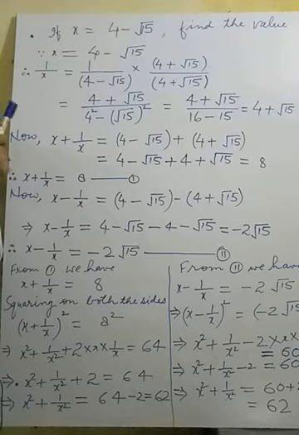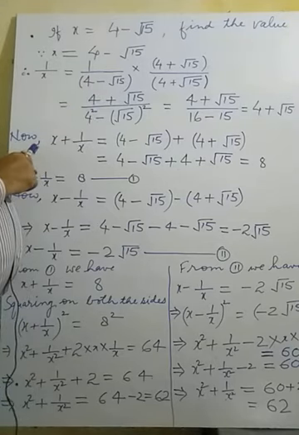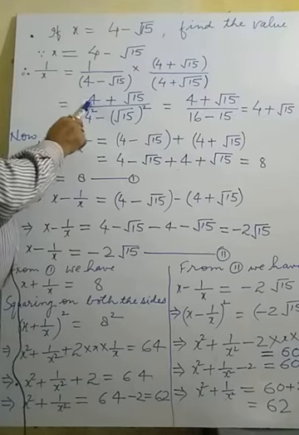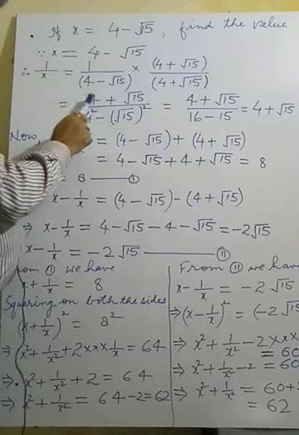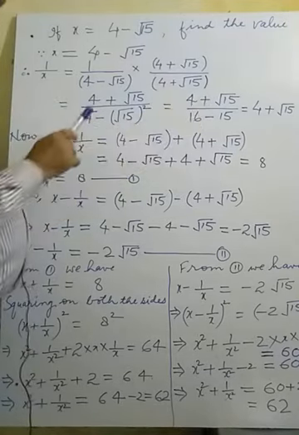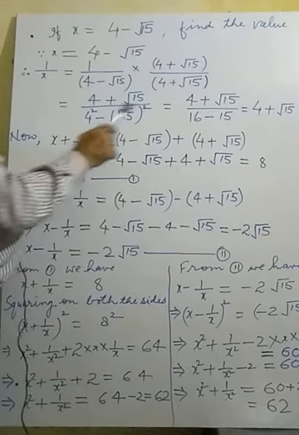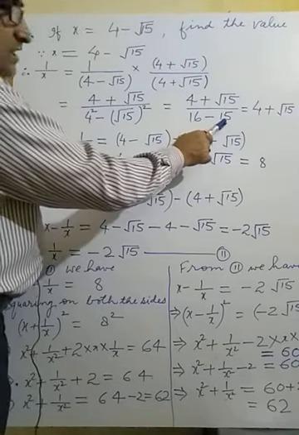Now we have to simplify. Since these two are unlike terms, we cannot simplify or add 4 plus under root 15. So this will be noted down as it is. So it will be 4 plus under root 15. Now square of 4 is 16 and square of under root 15 is 15 itself.